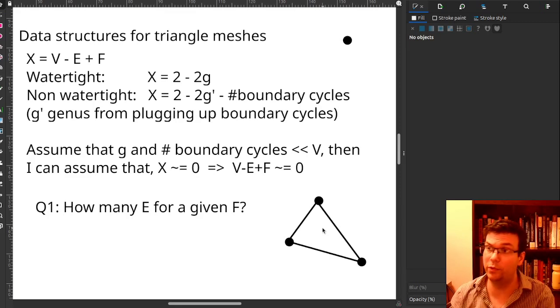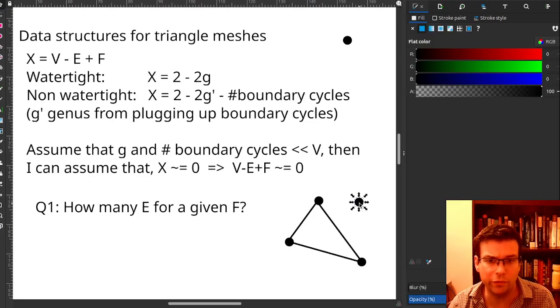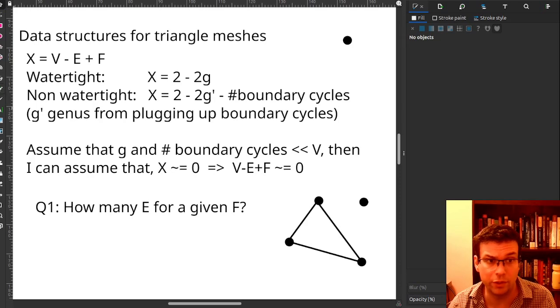If I count the number of faces, it might seem like I have 3 times as many edges. But we also remember we're in a mostly water-type mesh. There might be some boundary cycles, but we're going to assume that most of the edges actually have 2 faces incident on them. So each face counts 3 edges, but each edge gets double counted.